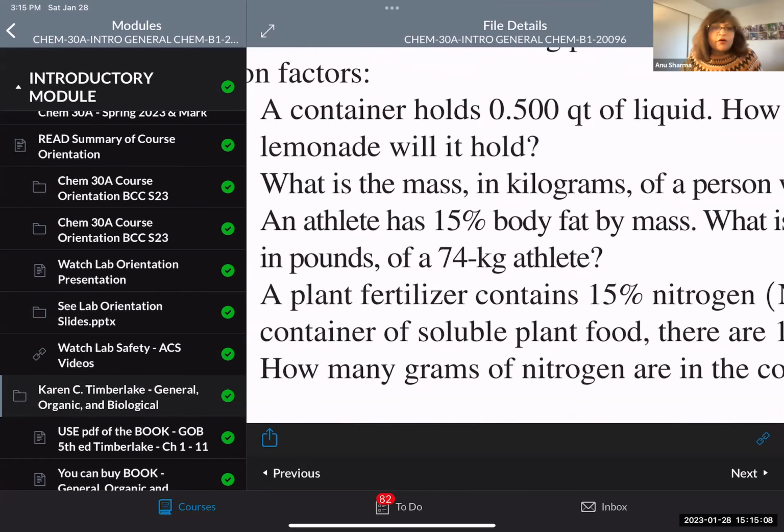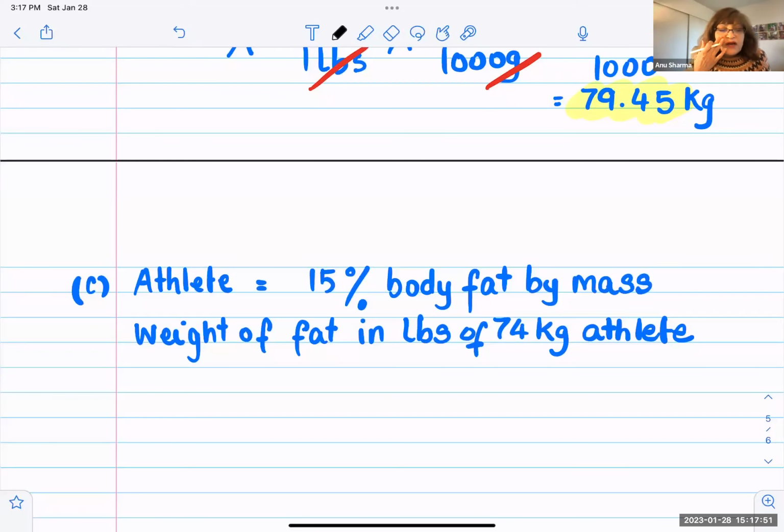So let's write this problem down. Here we have written the problem. We are given the weight of the athlete is 74 kilograms, and the fat is 15% by mass. So what is the weight of the fat in pounds?